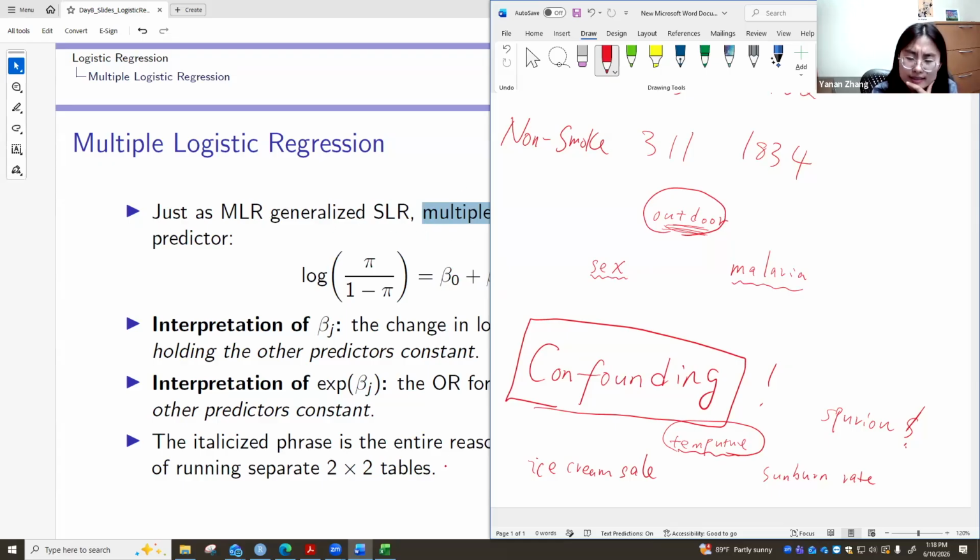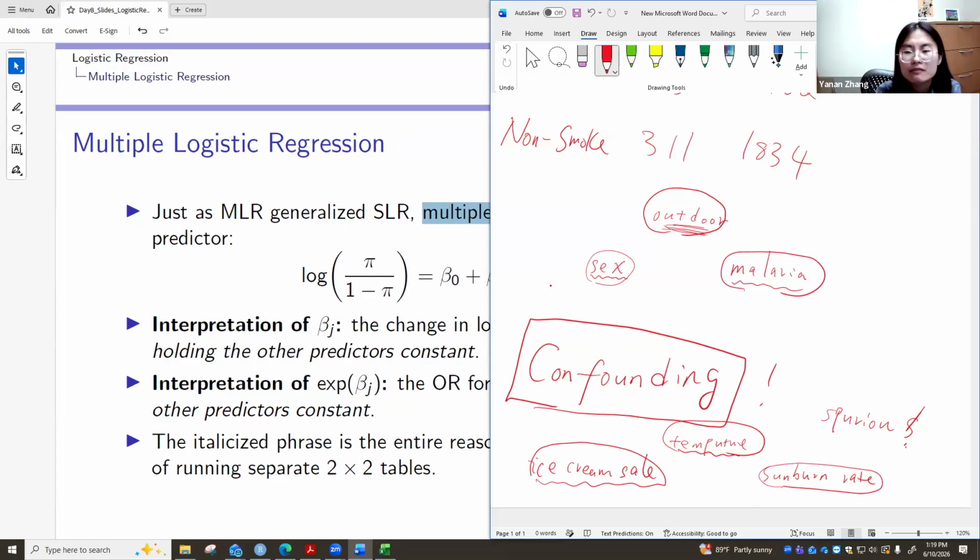So from these two examples, we know a confounder must be associated with the thing we want to study, right? The predictor. And it is also associated with the outcome, right? Temperature, which is the confounder, is associated with the predictor, ice cream sales, and also associated with the disease, which is the sunburn rate. All right.